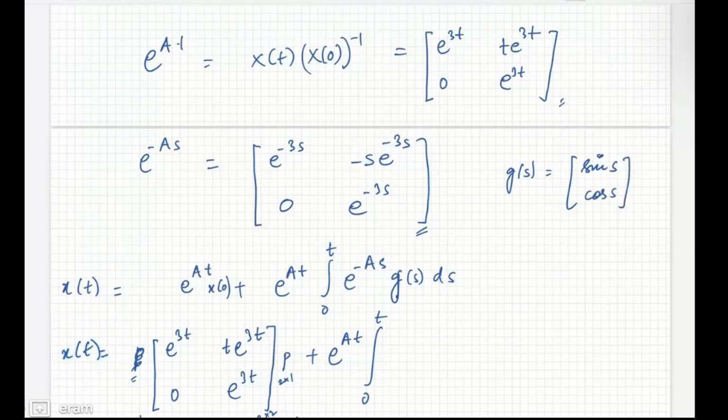Now we need to multiply these two. When we multiply this, we will get sin s minus s cos s, and cos s.